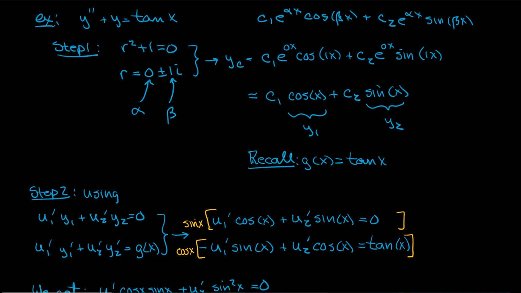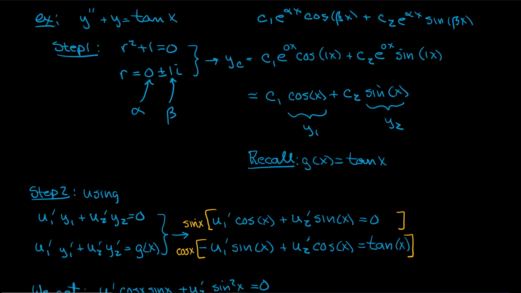Now, remember, in our complementary solution, it is C1 times y1 plus C2 times y2. This gives us then that y1 is going to be cosine of x and y2 is going to be the sine of x. Just a quick reminder as well, g of x is tangent of x.